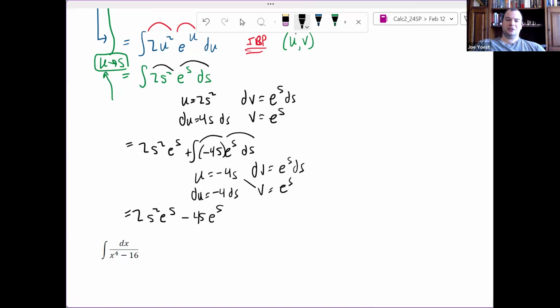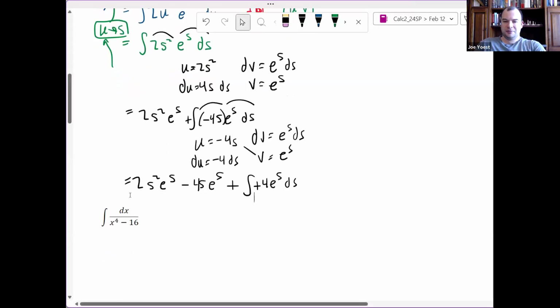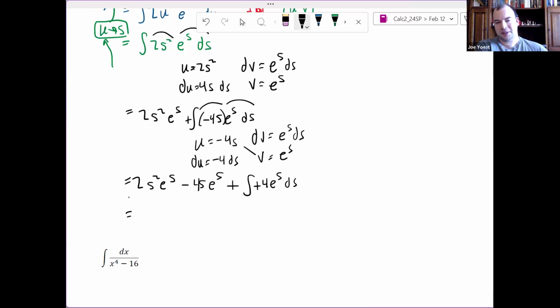That -4 gets distributed automatically by the u, so I just don't have to think about doing it in an extra algebraic step. Okay, so I have plus this integral. The integral is uv minus the integral of v du. Or this is going to be plus the integral of 4e to the s ds. And a couple more relatively small steps here.